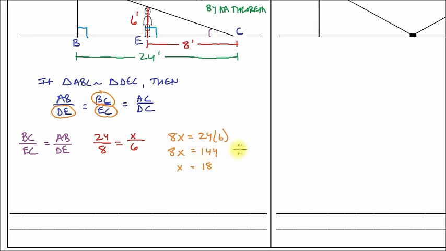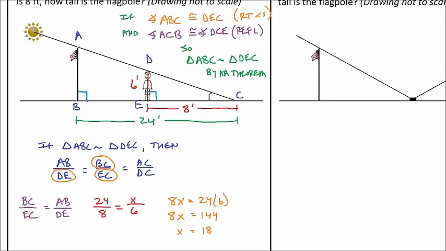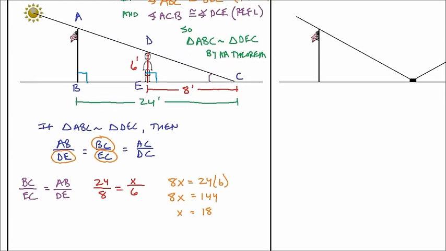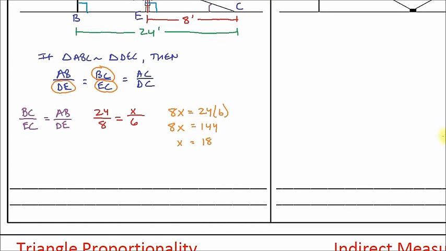So we know all of our units of measure are feet, so that means we just figured out the flagpole is 18 feet tall. Let's go ahead and write that as a sentence answer. So I'll finish this up by saying the flagpole is 18 feet tall.